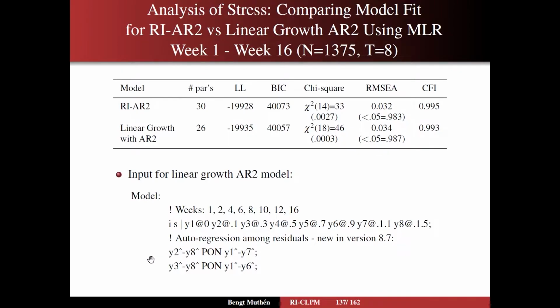And then I simply add an autoregression among the residuals, which is a new feature in 8.7 of Mplus, where you just talk about the residuals as hat variables, pairwise regressed, lag 1 and lag 2. So you have a random intercept, a random slope, and these 2 autoregressive coefficients.